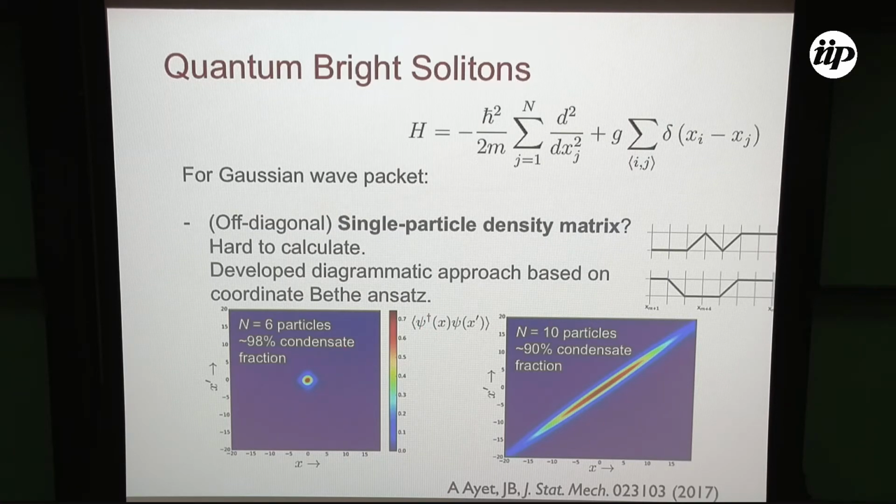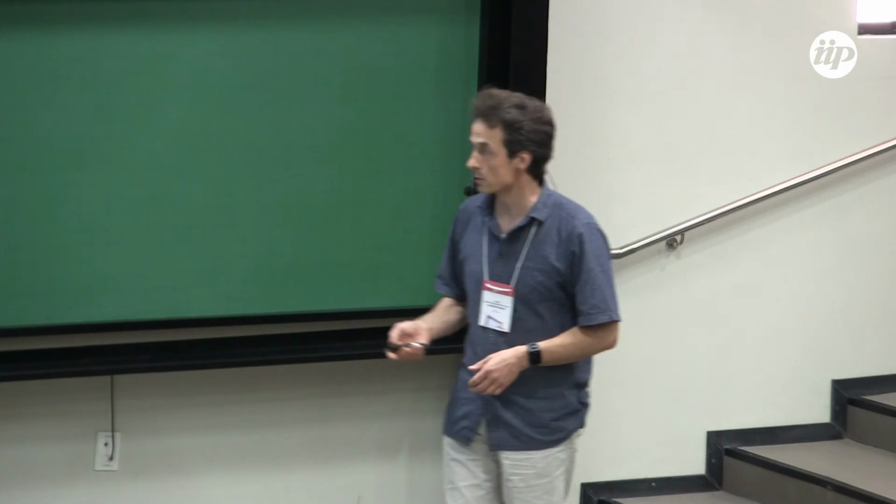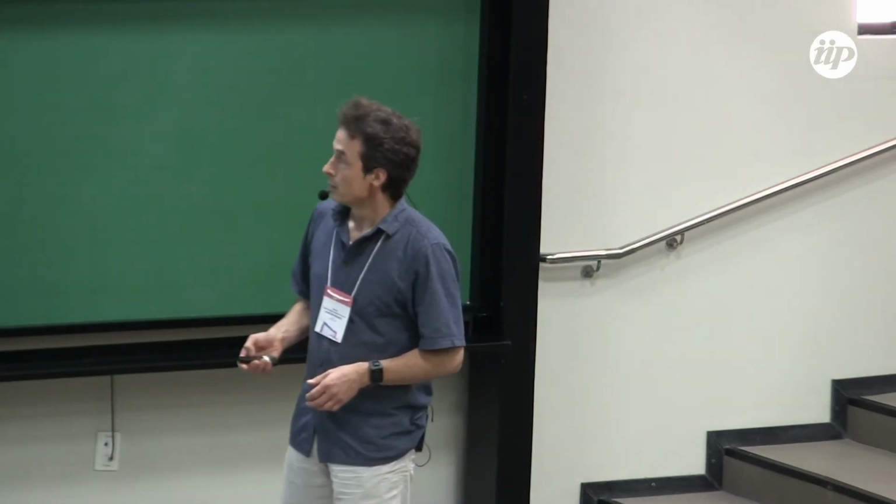And that is sort of nice, because when you have that information, you can see how strongly correlated that state actually is. So it is almost nearly a Bose-Einstein condensate if the center of mass is localized on the same size as the single particle density, but then as it spreads out over time, this condensate fraction will reduce.